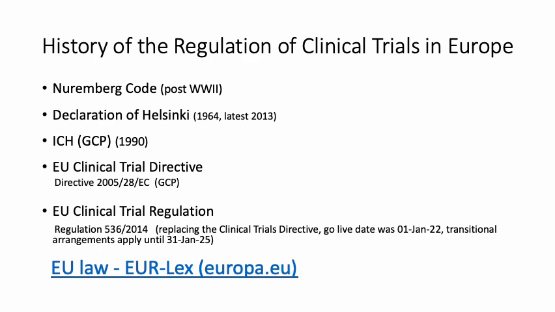And that included voluntary consent of the human subject, anticipated results should justify the performance of the trials, all unnecessary physical and mental suffering and injury should be avoided, and the trial should only be conducted by scientifically qualified personnel.